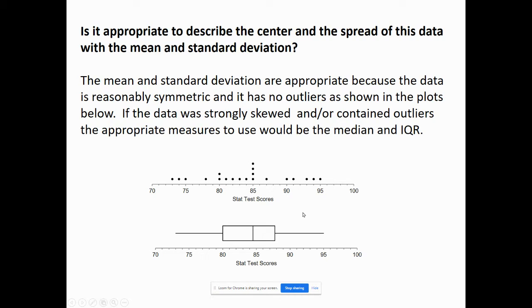You most likely already have the data in your calculator if you calculated the mean and standard deviation. So you can quickly construct a box plot either by looking at the graph that you created or by the 5-number summary at the end of your one variable statistics. So neither of these graphs show strong skewness nor outliers. It's appropriate to use mean and standard deviation.